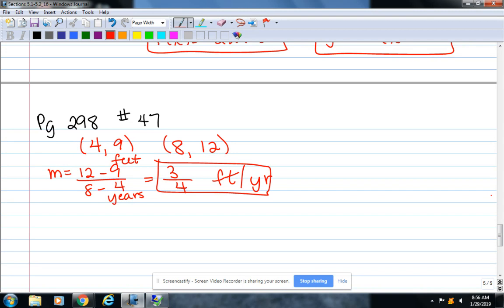How old are you when you're born? You're 0 years old, right? So how old is a tree when it's planted from a seed? 0. So its height would be a y-intercept if the x value is 0, right? Time is 0, how tall it is.